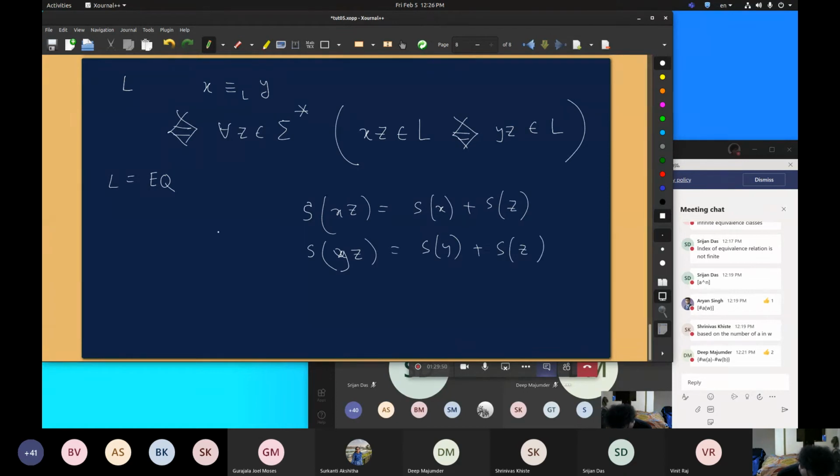Now if X is equivalent to Y, so Sx is Sy if and only if for all Z, Sxz equal to Syz. Right.